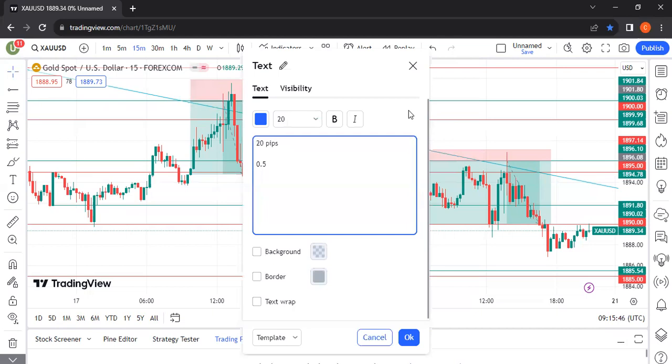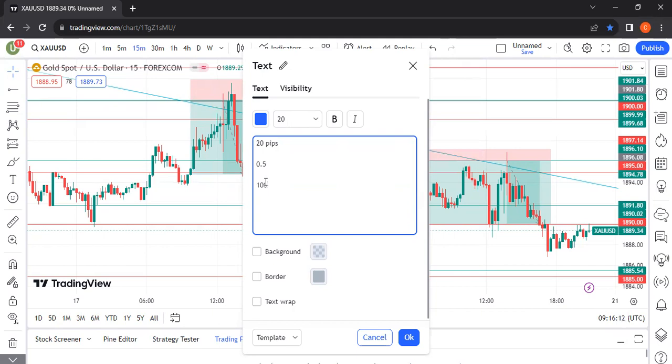That's how I actually determine it. And if this trade goes against me, I'm going to lose $100. How did I come about this? 20 pips, 20 multiplied by 0.5, multiplied by 10. 10 is a constant for me. So it gave me $100, because I know that what I want to risk is 1% of that account, which is $100.